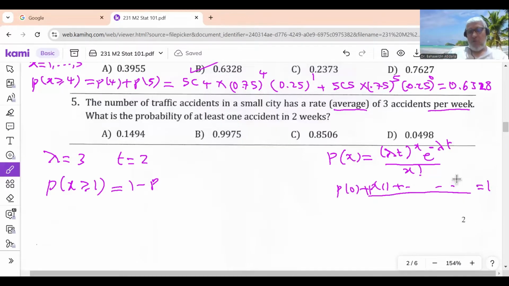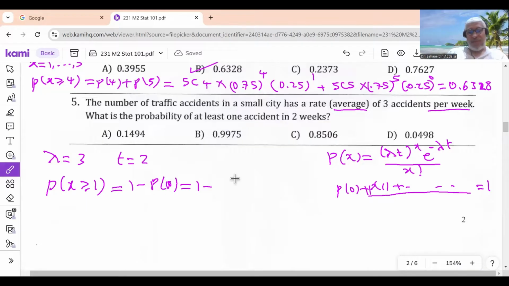This is a known fact. So greater than or equal to 1, from P1 to infinity, would be 1 minus probability of 0. This is the only way here to find probability of x greater than or equal to 1. We write it 1 minus probability of 0.